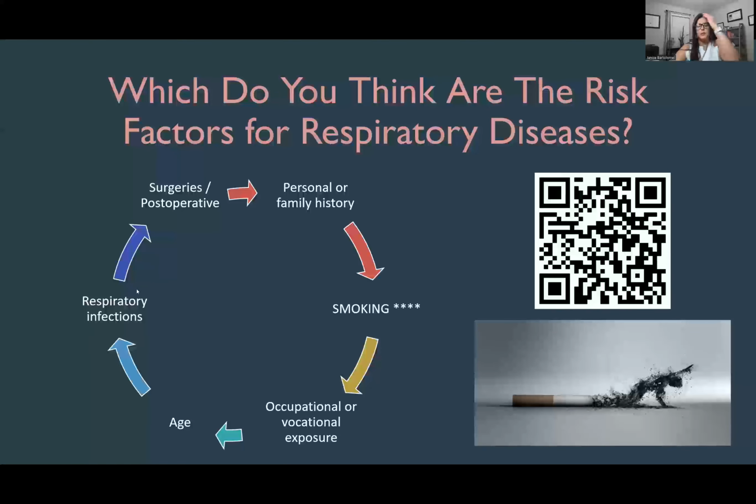Another risk factor is if you have constant respiratory infections. That includes all the way from young to older. Another risk factor for respiratory issues is if you've had any surgical or post-operative changes. So for example, maybe you had an abdominal surgery and now you're not taking deep breaths.